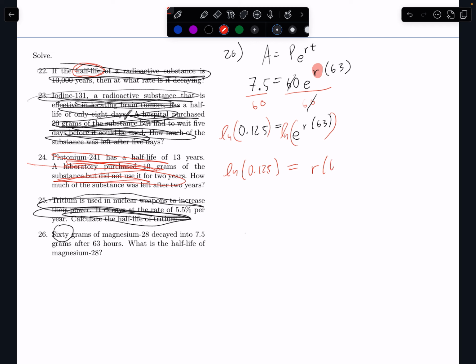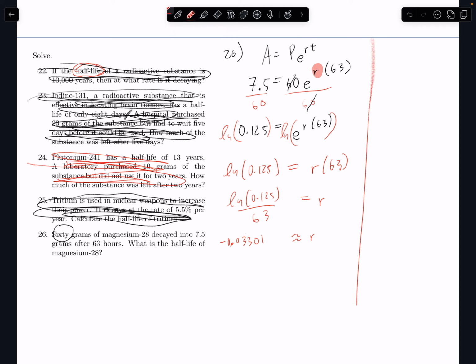You're left with r times 63, and you can just divide by 63. That's approximately negative 0.03301.